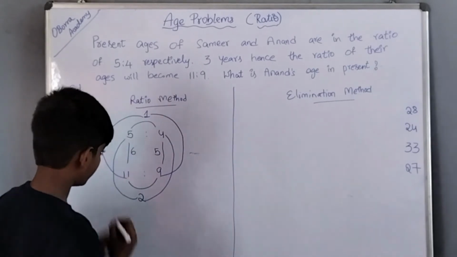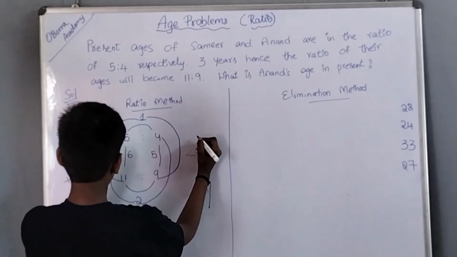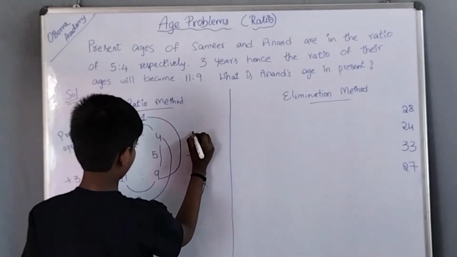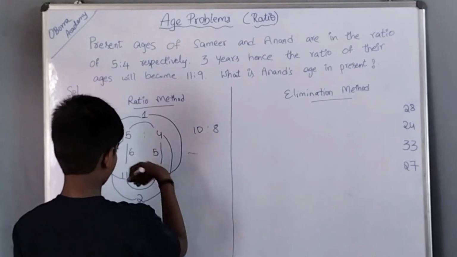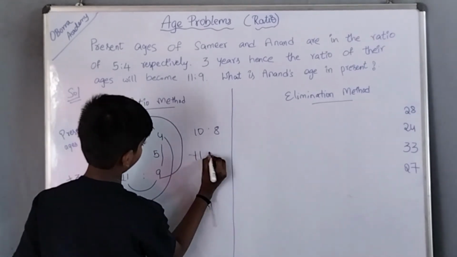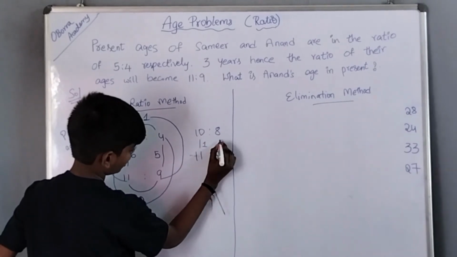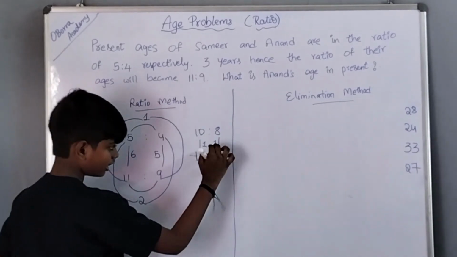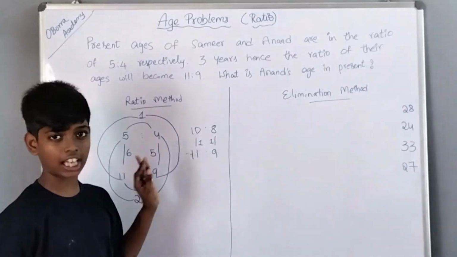So let's write the new ratio of ours. So the ratio is 2 times 5 is 10, 10 is to 8, and here 11 is to 9, that's the same. If you see over here, the difference is 1, and again here the difference is 1. Here the differences are equal, so this is so easy for us to calculate right now.